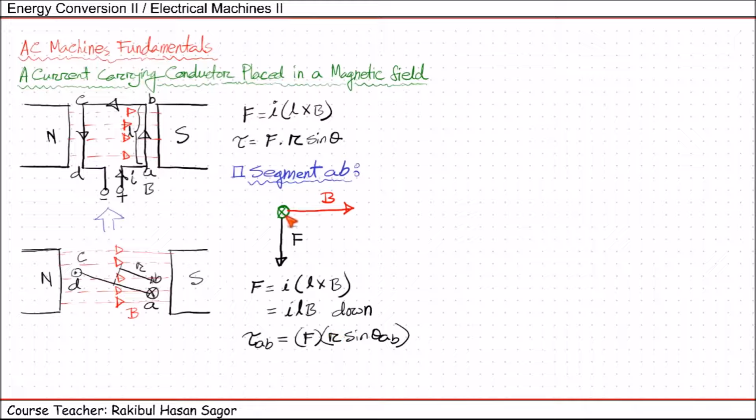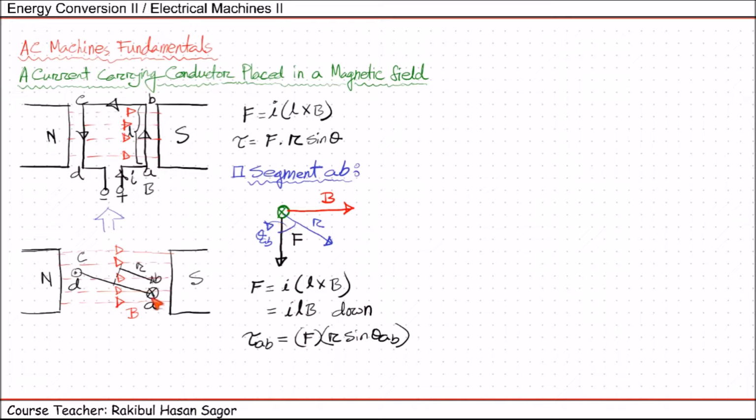This is the direction of R for this AB section, from center to the conducting wire. If we draw a parallel line with this, this will be the direction of R, and the angle difference between this R and F will be theta AB.